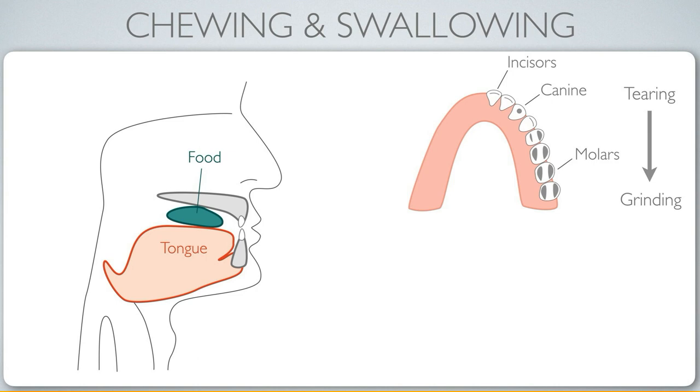But another thing that's going on in the mouth is that there are enzymes, digestive enzymes, and we'll see lots of digestive enzymes later on in the stomach and the small intestine. But even in your mouth, along with the mucus that's secreted in your mouth as you start to swallow and process food, there's also enzymes that are beginning the process of chemical digestion.